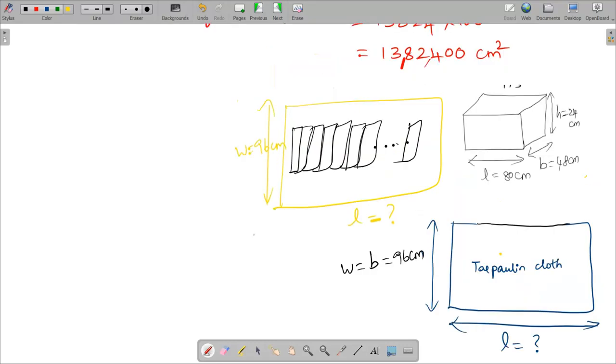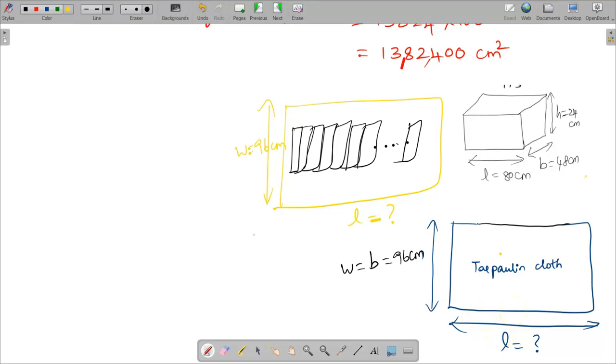So the 100 suitcases area is determined. This area has to be covered with the tarpaulin cloth, meaning that the area of 100 suitcases will be equal to the area of tarpaulin cloth. And the area of tarpaulin cloth is given by which formula? Since it is a rectangle, it is given by length into breadth.